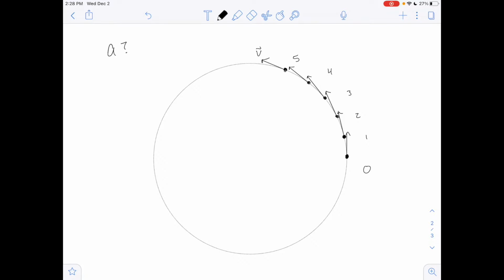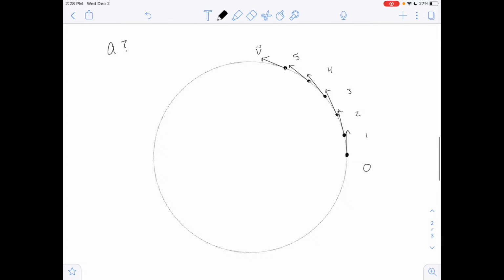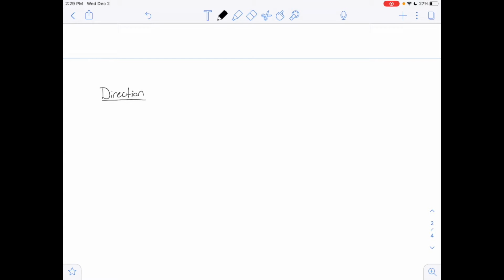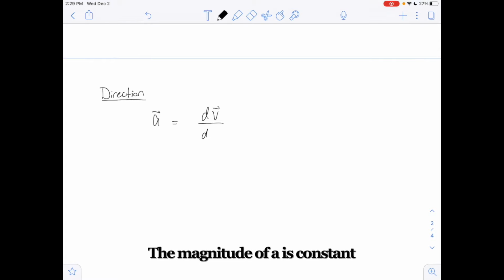And what we want to do is figure out what that acceleration is. And so to do that, we will first look at what the direction of that acceleration is, and then we will look at how to figure out what the magnitude of that acceleration is. Starting with direction, we know that acceleration is equal to the derivative of velocity over time, or you can think of this as the change in velocity over time if we wanted to get an average acceleration, which is good enough because we're just trying to figure out what the direction is.